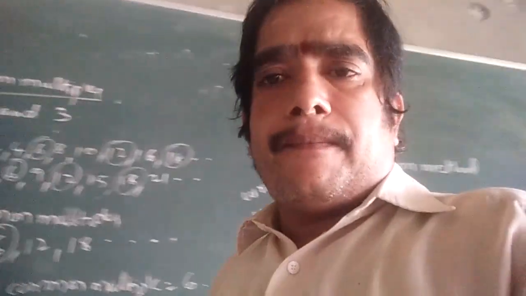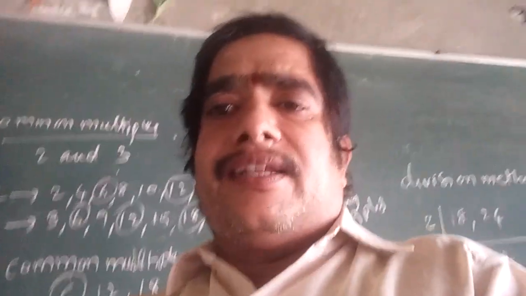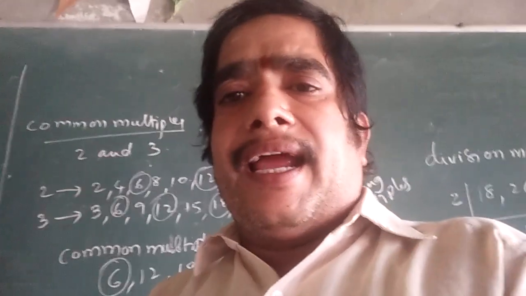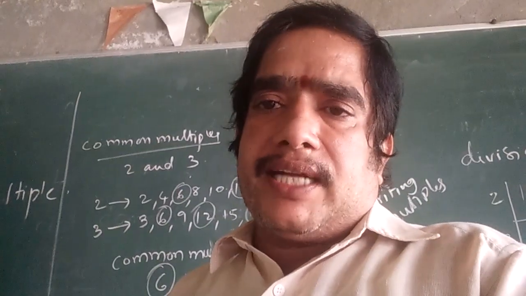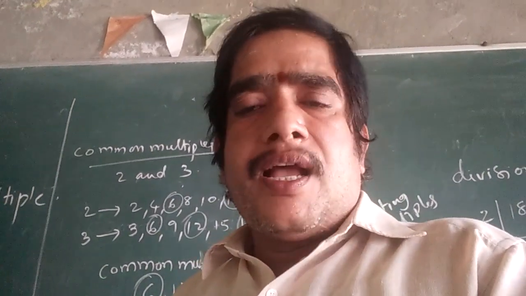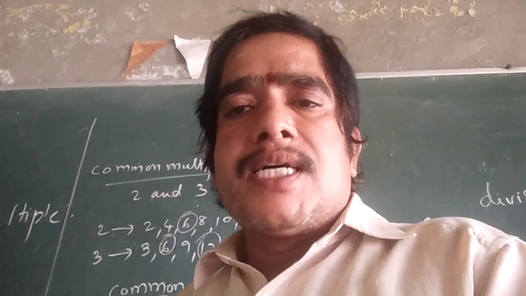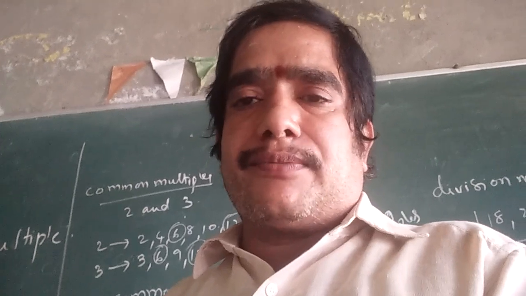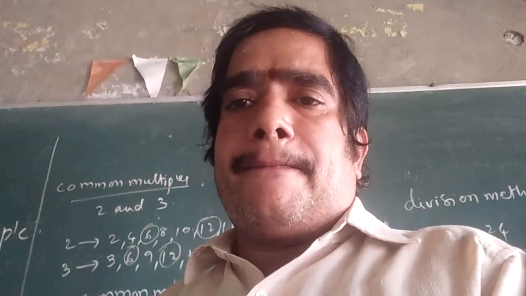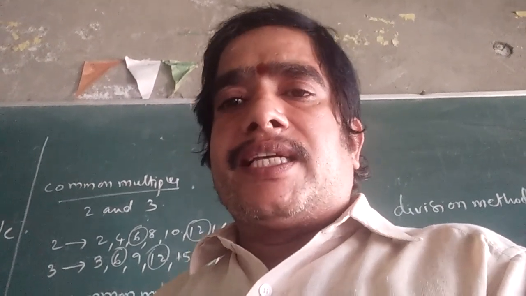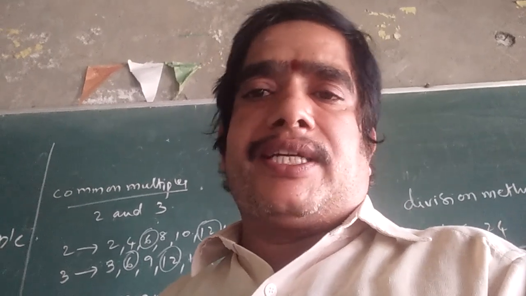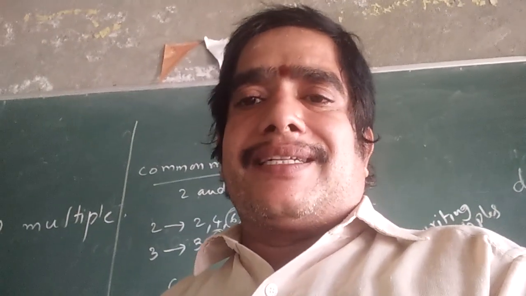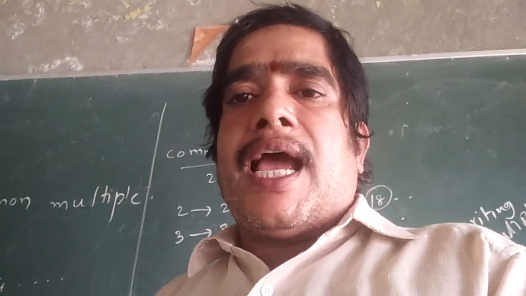So all of you, to understand LCM, watch the same video again and again and try to solve some problems from the 6th class textbook and the 7th class textbook. In 6th class you have LCM and GCD. This class's intention is just to teach you LCM.